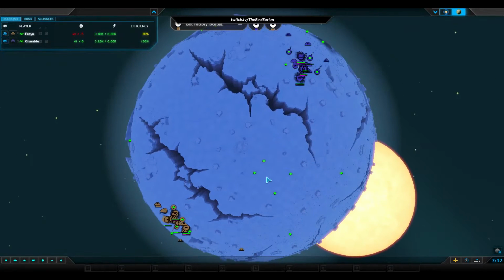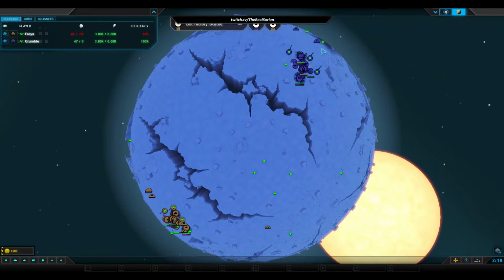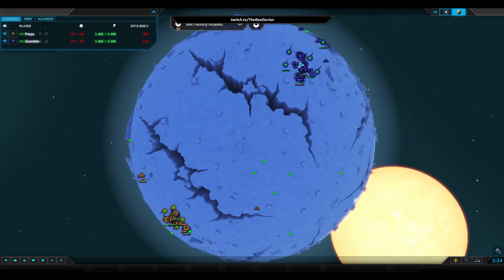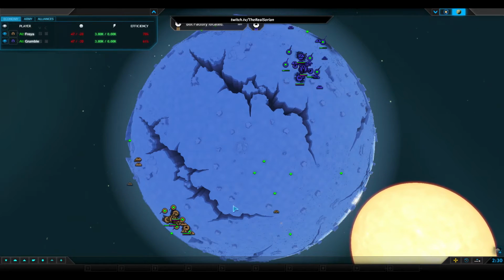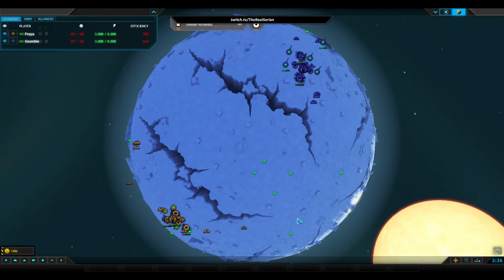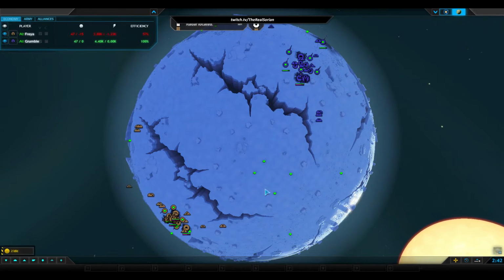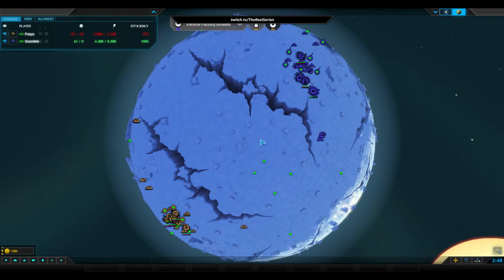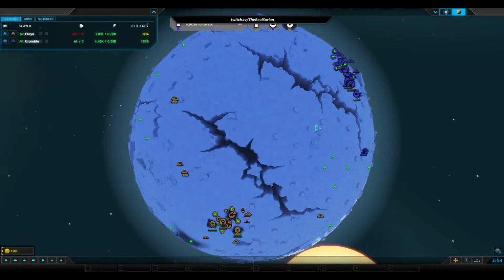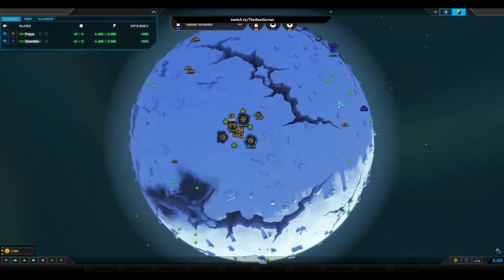Also, keep in mind that they can see everything, so that's why they're not scouting a bunch. He's still sending scouts out, which is weird. I should probably find out why they're doing that, but they're going to hold back on the units they send out until they think they have something worth attacking.